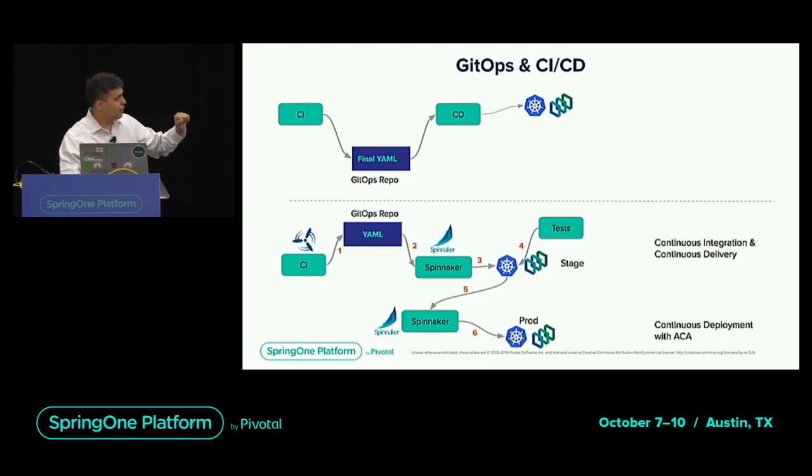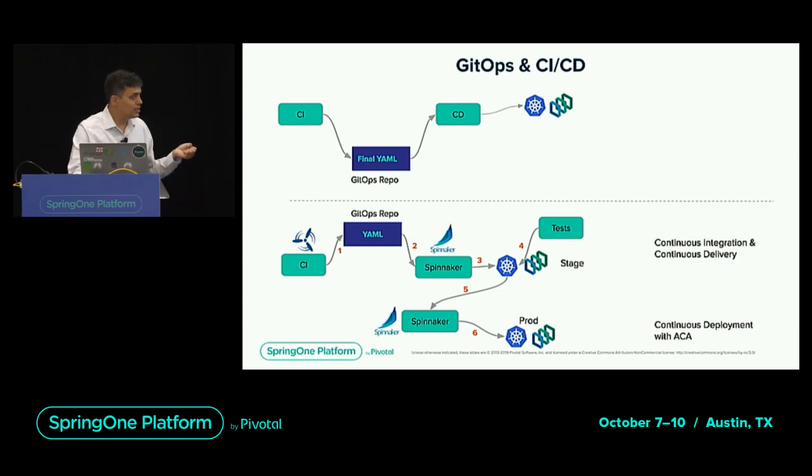But with the GitOps approach, Spinnaker has an intelligent way of taking this to the next level. In this case, in the continuous integration and delivery pipeline, Spinnaker will deploy to the staging environment. Upon successful tests in the staging environment, since Spinnaker has runtime visibility into the staging as well as the production environment, it can create an ACA on its own without requiring the GitOps repos.